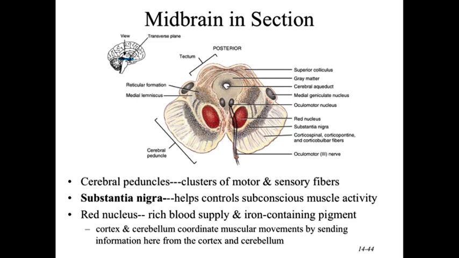The red nucleus is very important in relationship to the cortex and the cerebellum, coordinating muscular movements by sending information from the cortex and the cerebellum to the red nucleus.